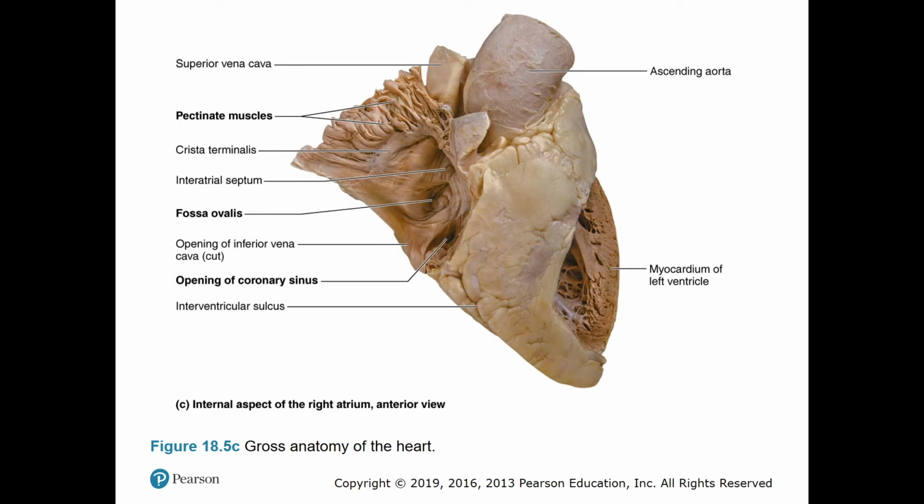During embryonic development, the foramen ovale connects the two atria and permits blood flow from the right atrium to the left atrium while the lungs are developing before birth. But at birth, the foramen ovale closes and the opening will be permanently sealed off within 3 months of delivery. So the fossa ovalis is a small shallow depression that persists at the site in the adult heart.